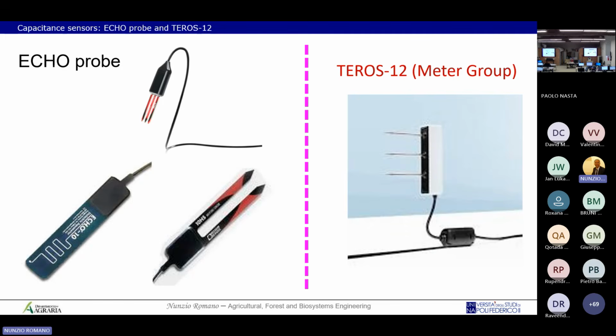This is another point that some researchers overlook. The fluctuation of the soil water content, of course, depends on the diurnal fluctuation of temperature, but these fluctuations are also affected by the negative influence of the soil temperature and the salinity, the electrical conductivity.